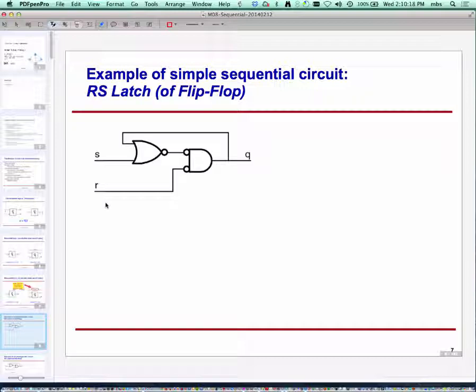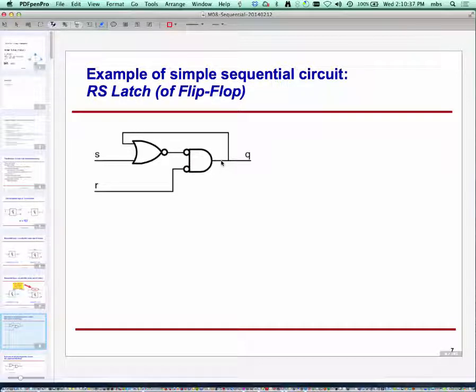It's different from other combinational logic that we have seen thus far, because one of the inputs is basically the previous output. At all times, I'm taking this output and feeding it back to the input.